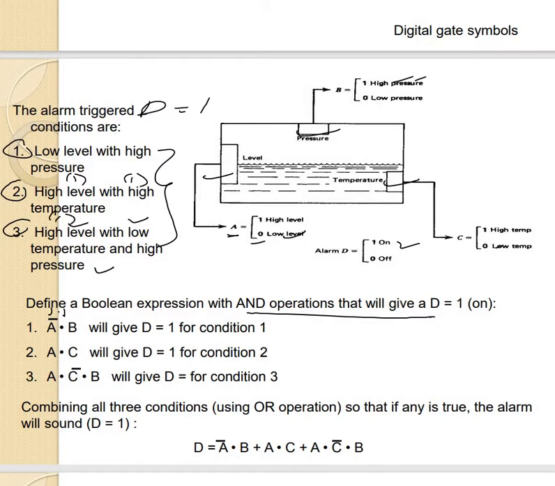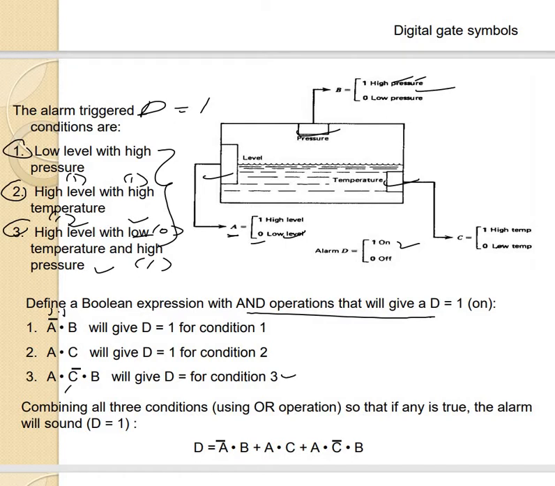So high level is 1, low temperature is 0 and high pressure is 1. Because we use AND gate here, basically we need to have all 1. So for A, we can directly use high level because A equal to 1. For C, this condition is 0 because low temperature, so we need to get the complement of C so that the value of C here becomes 1. So B, directly we take high pressure.